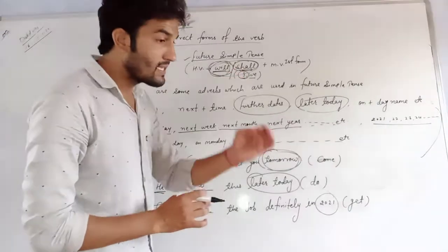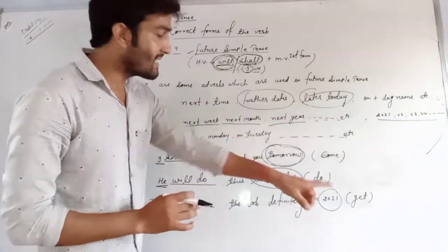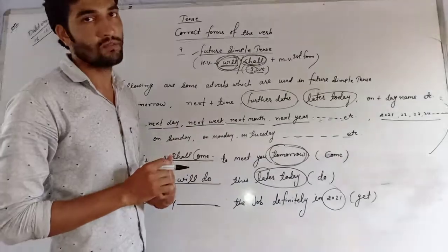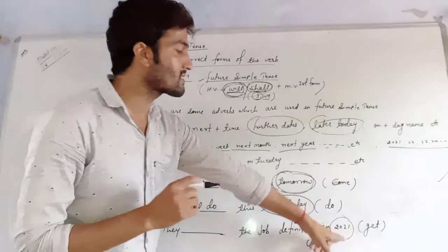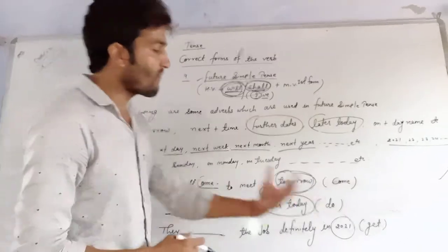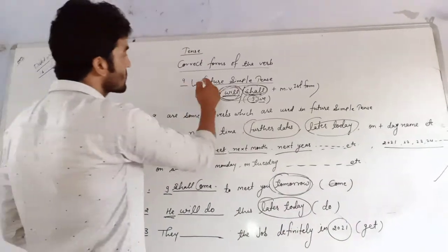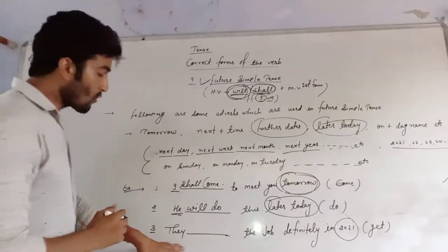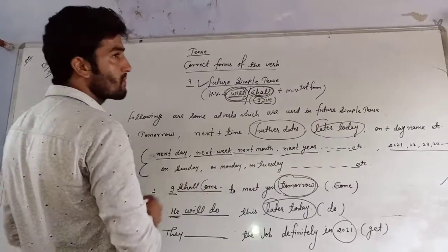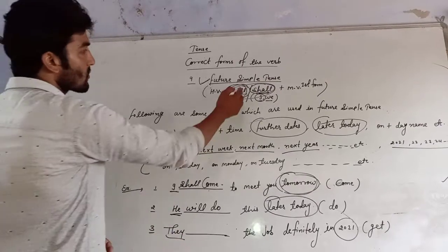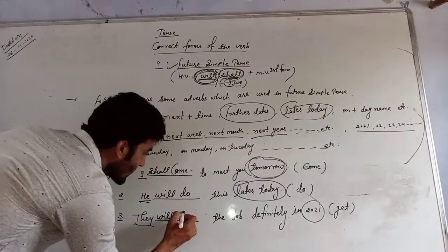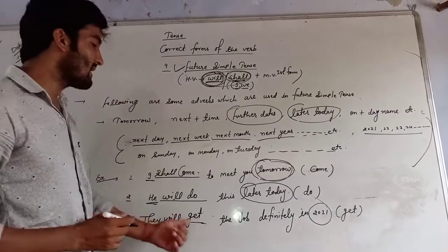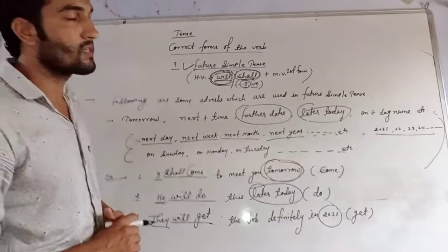So if it is 2020 and here 2021 is talked about, it means further dates are given. So further date is here, and you will use future simple tense. According to the subject, the helping verb will be taken. The subject is they, so with they we will use the helping verb will. And the first form of the verb is get. So, they will get the job definitely in 2021.